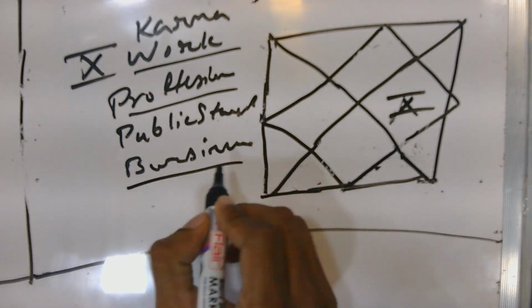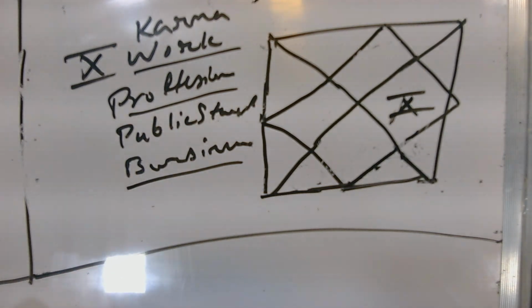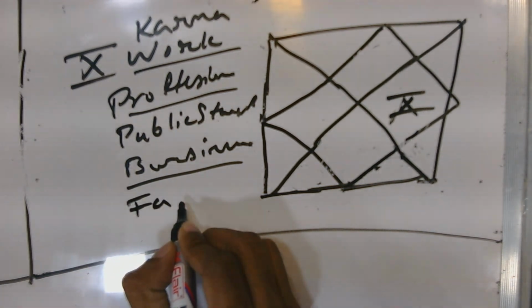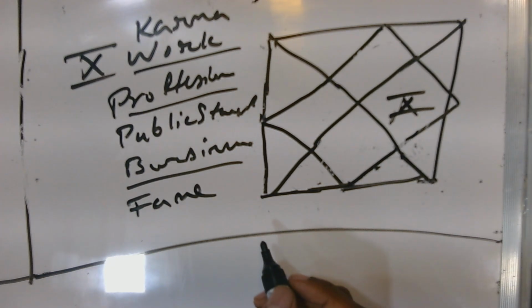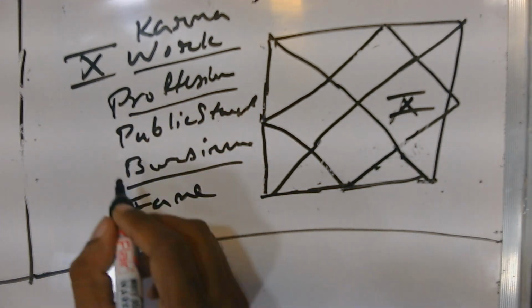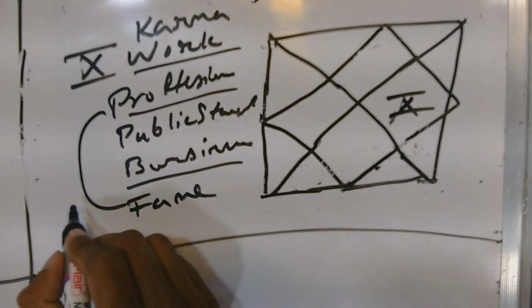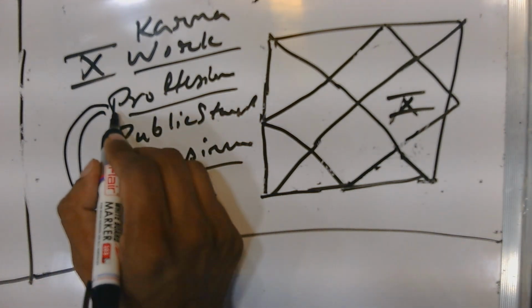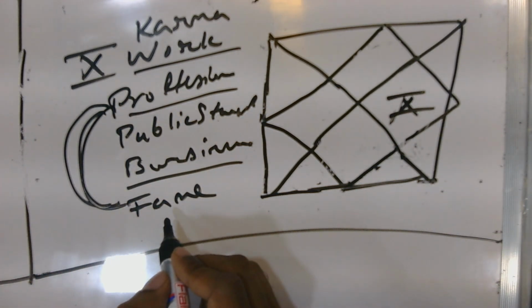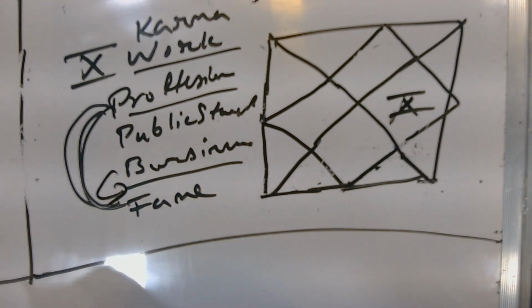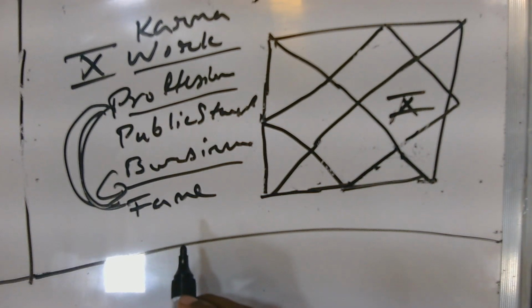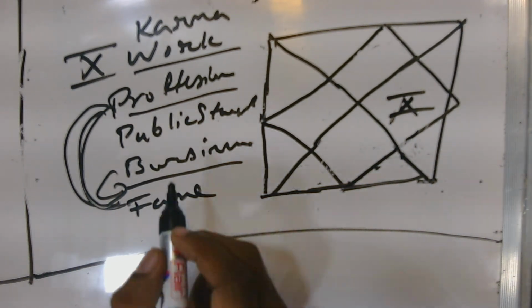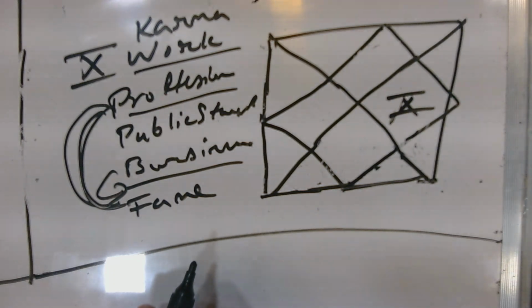So it may also be related to fame, but not in the whole sense, in the sense that you are famous because of your profession, like if you are a good doctor, good engineer, good lawyer, you will be famous mostly in your field, a good businessman. So fame through your business, your work. This can be seen from the 10th house. It is the house of your karma.